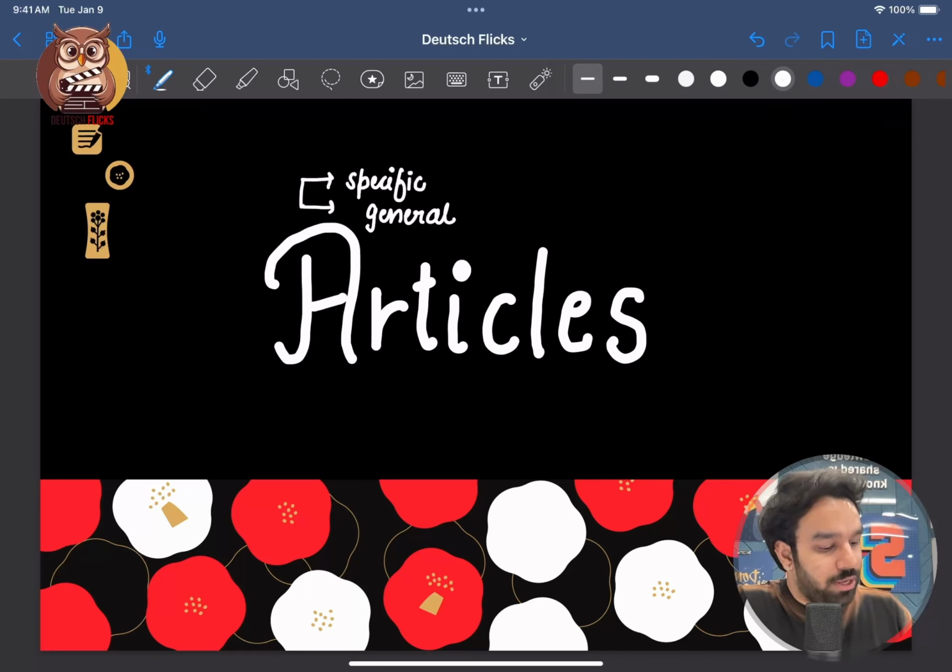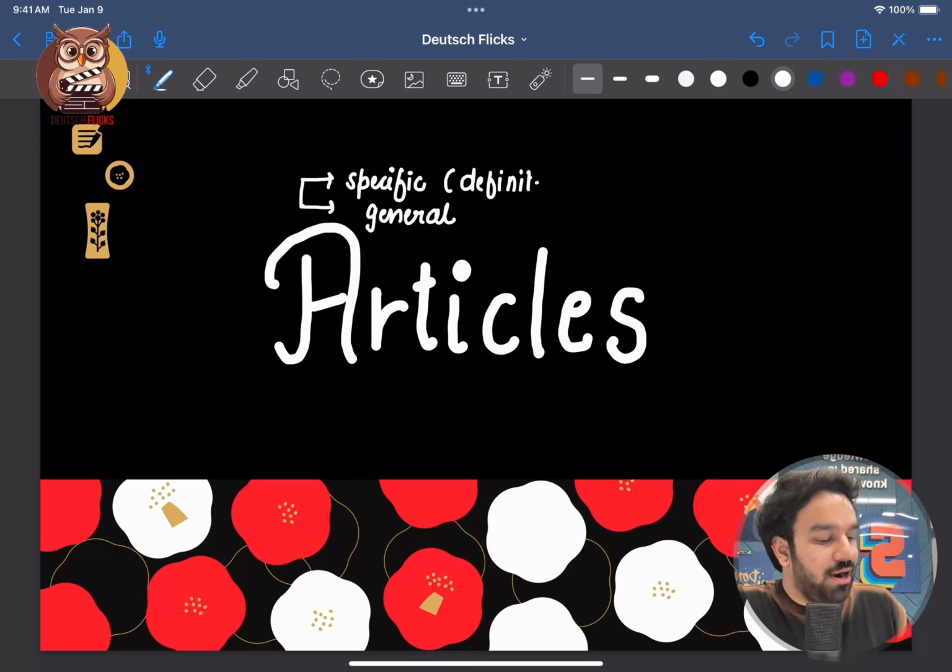If we are talking about something which is specific, particular, or defined, then we have a definite article. And if we are talking about something general, then it is an indefinite article.